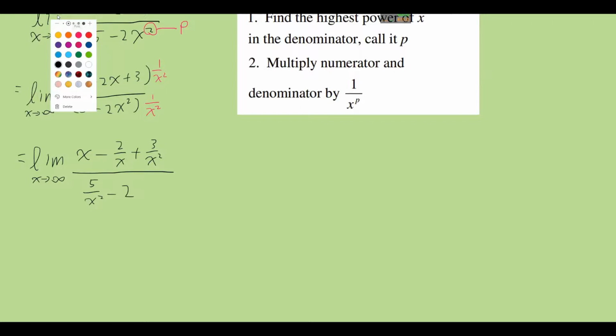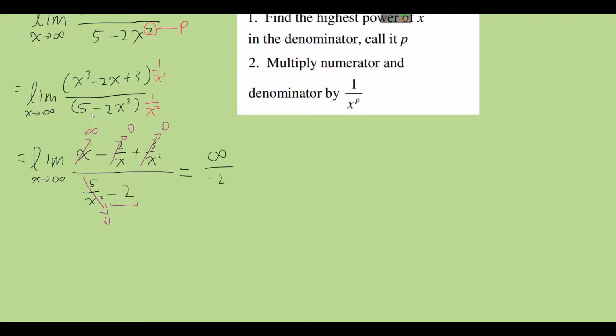All right, and let's see what the limit goes to. So we have x, the limit as x approaches infinity of x, that one will go to infinity. 2 over x, we have x in the denominator, that goes to 0. 3 over x squared, that also goes to 0. 5 over x squared, that goes to 0. And the negative 2 would still stay as a negative 2, because that's a constant. So what we have here is infinity over negative 2, which would be negative infinity.